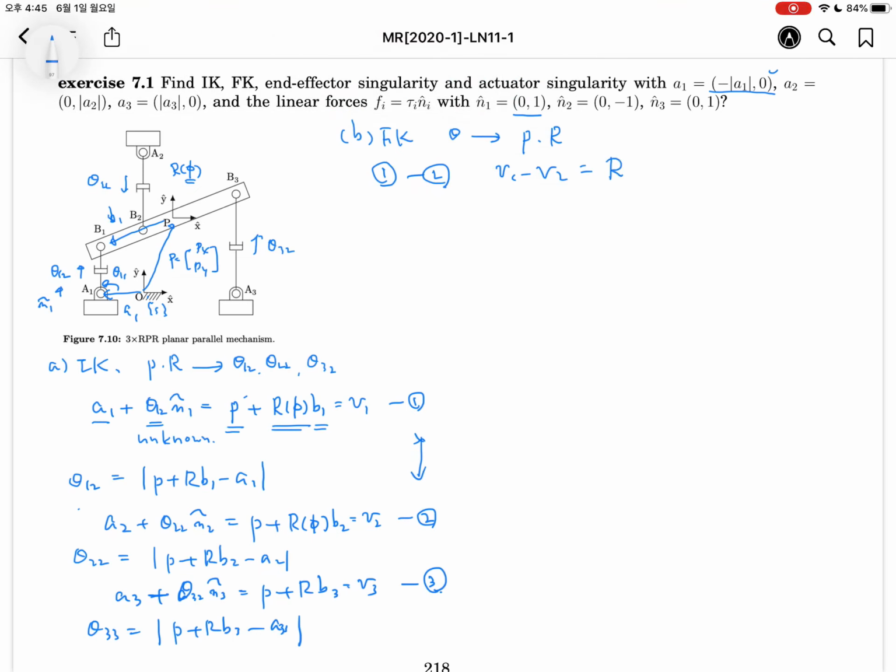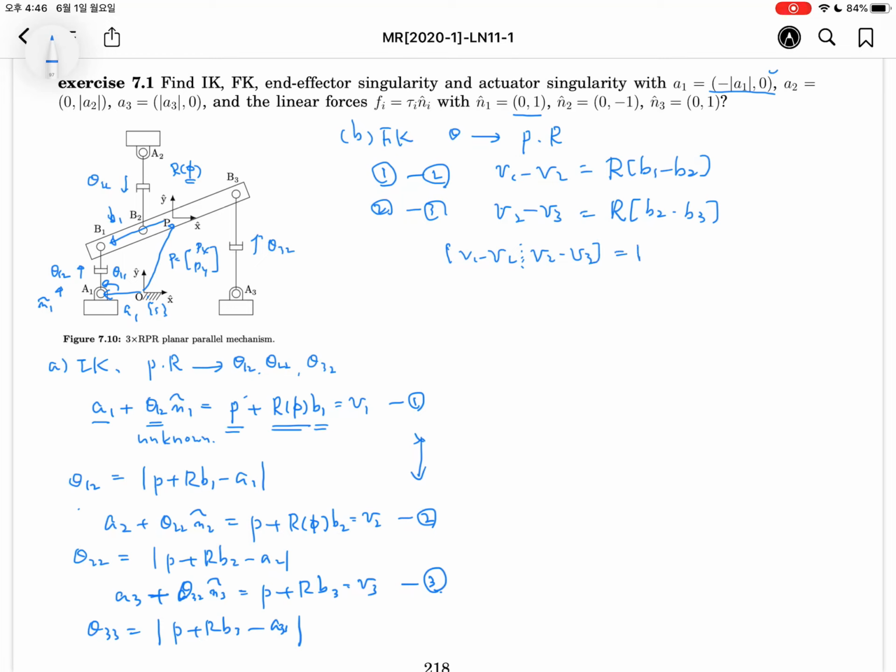And then the rotation matrix times b1 minus b2. Equation 2 minus 3 will be v2 minus v3, with the same rotation matrix because the computation is the same, times b2 minus b3. Let's collect these vectors, v1 minus v2 and v2 minus v3, as a column vector.